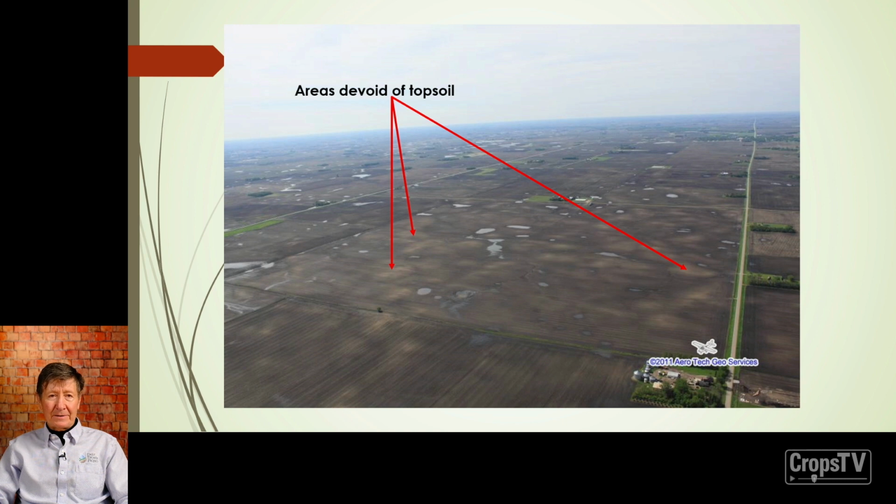What are we seeing? That's not the black, organic matter-rich topsoil that Iowa is known for. What you're seeing is the subsoil. It's the B horizon. These areas are devoid of topsoil, and this is an area that is notorious for keeping its topsoil in place.